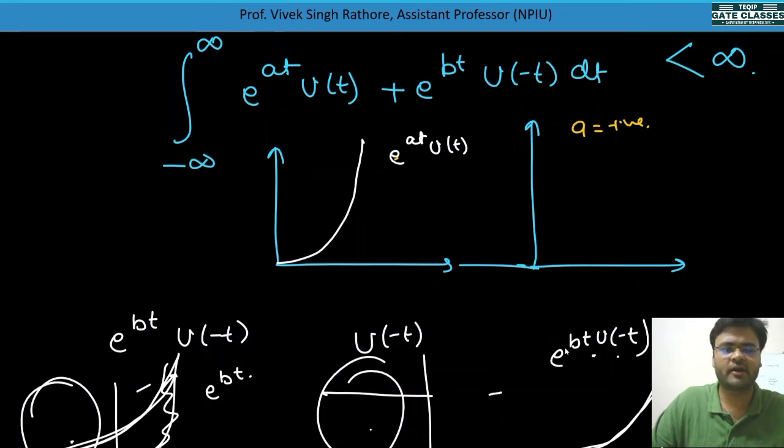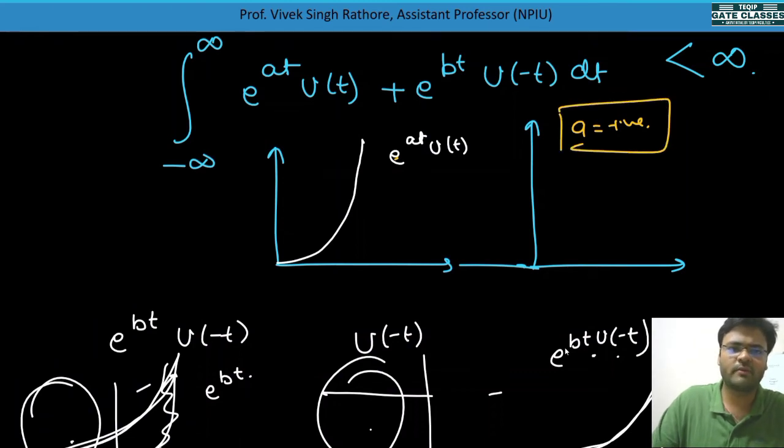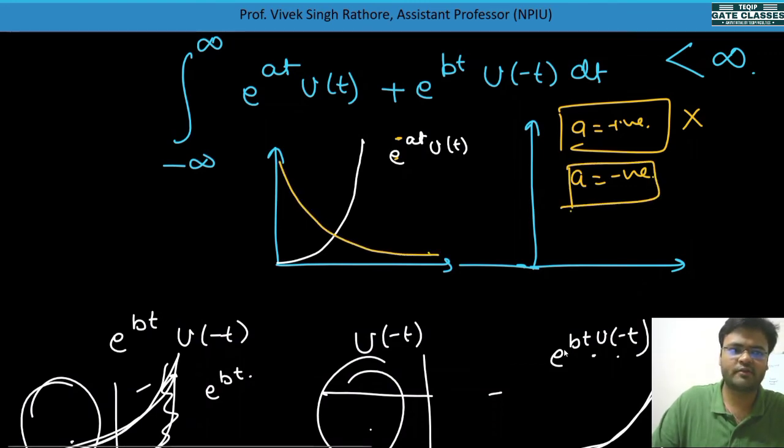It will be non-integrable, and it will reach a value of infinity. So a cannot be positive, you should understand that. If a is negative, what will happen? e^(-at) will come, and this graph will go on decreasing like this. So for negative a it can survive, and the rest is e^(bt) u(-t).